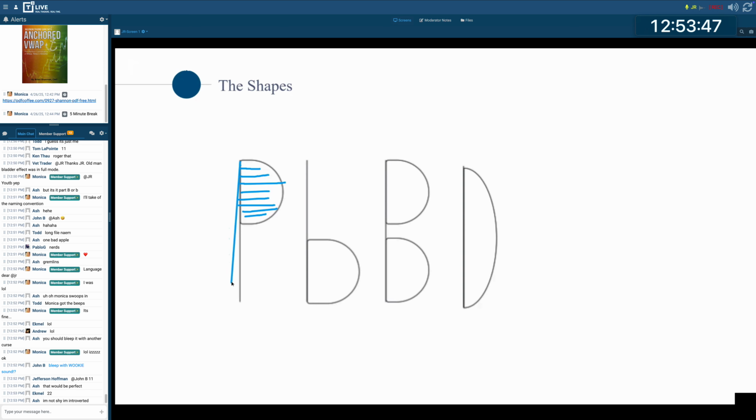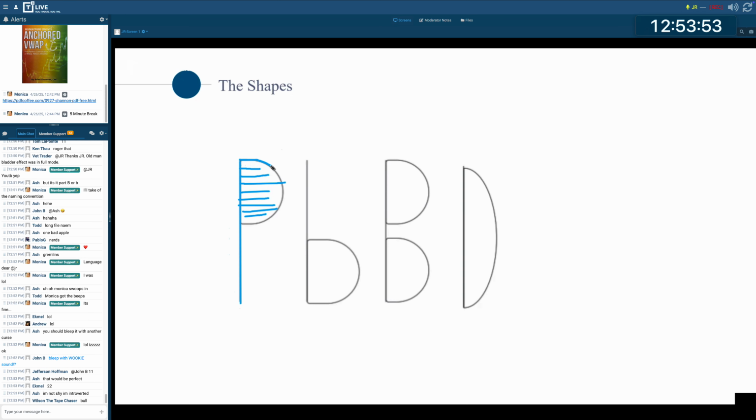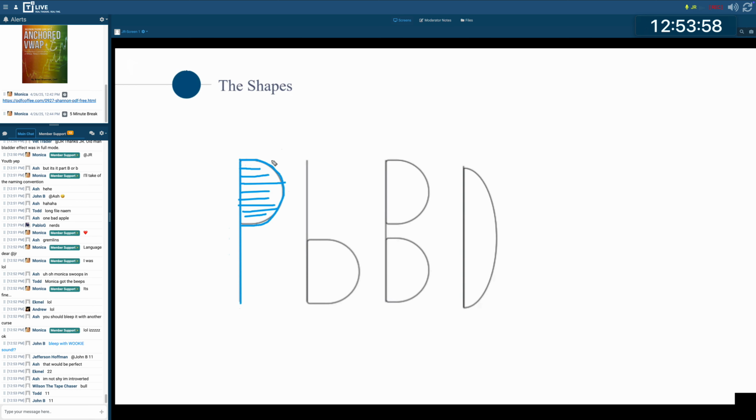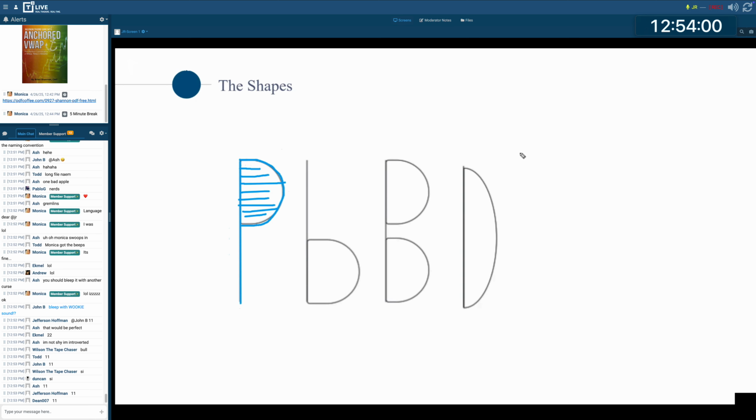Now, is this usually, and I say usually, would you guys say this is an aggressive initiative being taken by the bulls here that's highly bullish? Yeah, absolutely, right?